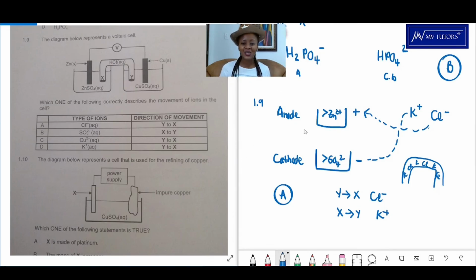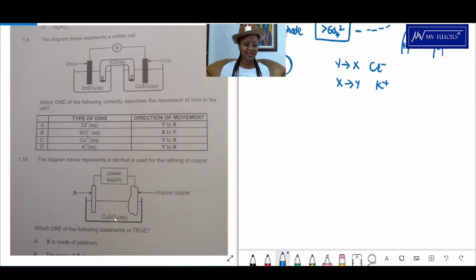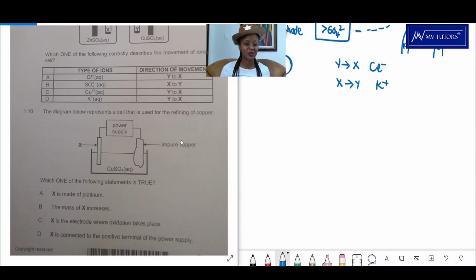All right, so we are nearly there, guys. Nearly there. We're there. So now we have 1.10. The diagram below represents a cell that is used for the refining of copper. You can see that we have an electrochemical cell where we have electric energy turning into chemical energy.